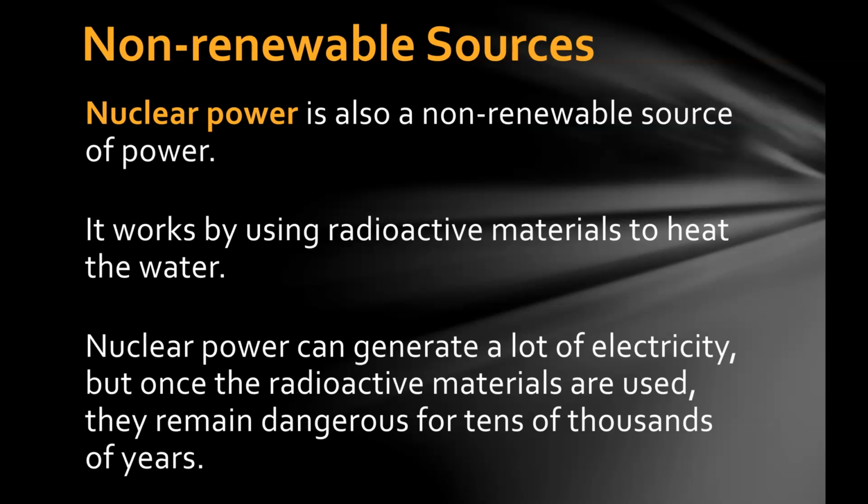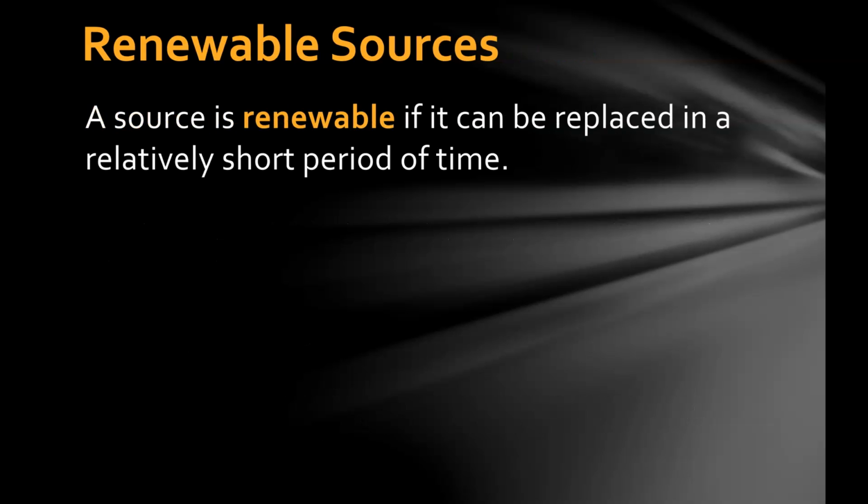And this energy will also cause a turbine to spin, which turns a generator that produces electricity. So nuclear power can generate a lot of electricity, but once the radioactive materials are used, they remain dangerous for tens of thousands of years.